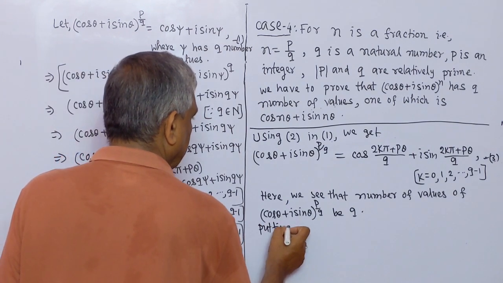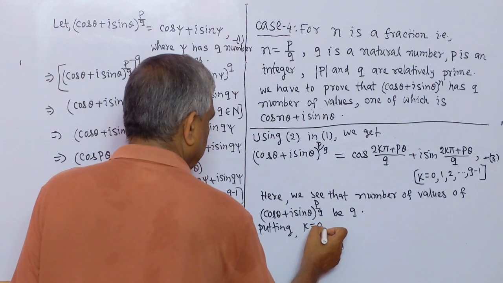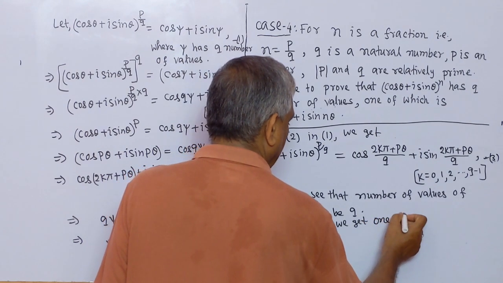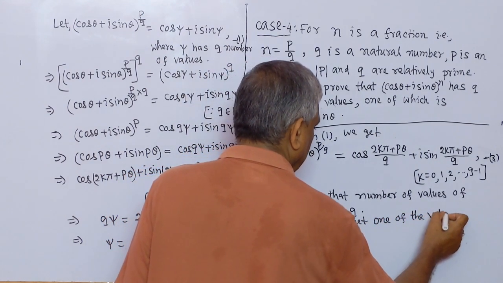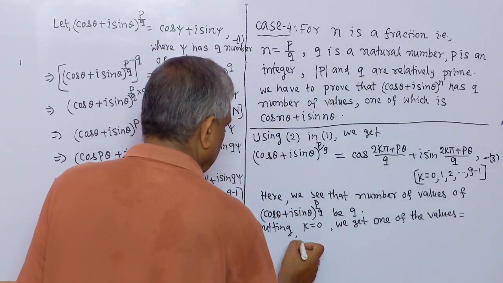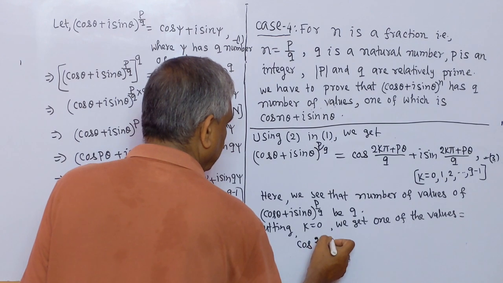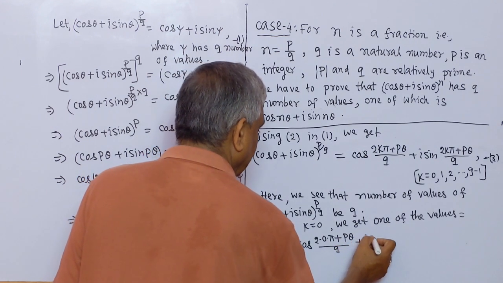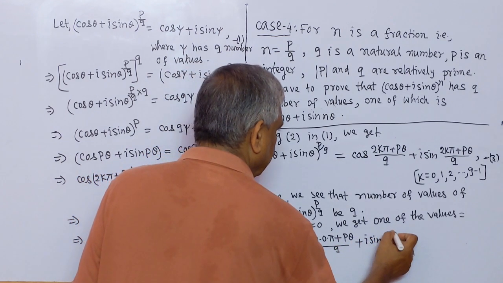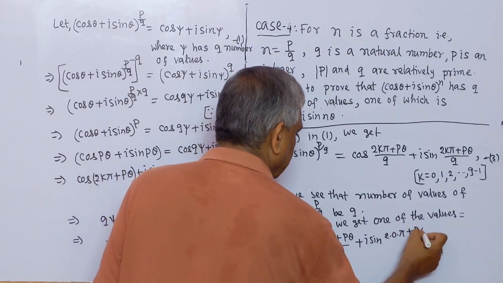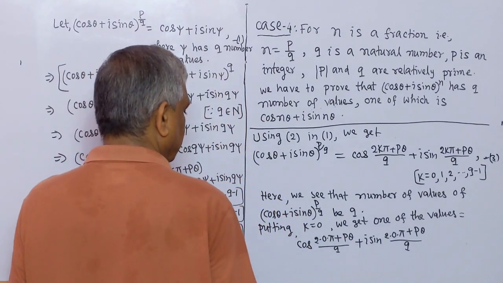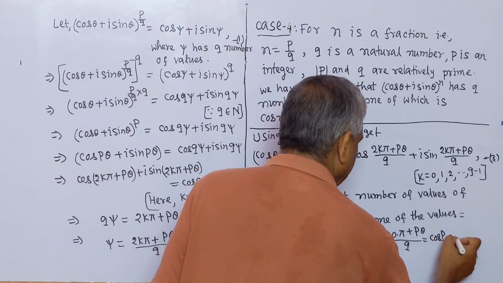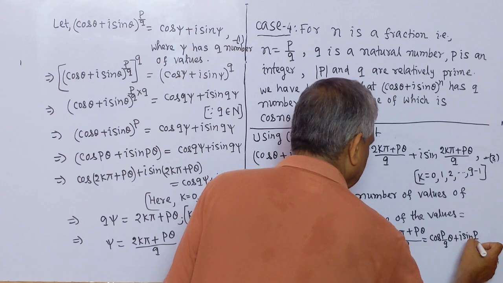Putting k equal to 0, we get one of the values equal to cos of (2 multiplied by 0 multiplied by pi plus p theta) by q plus i sin of (2 multiplied by 0 multiplied by pi plus p theta) by q, which is cos (p by q) theta plus i sin (p by q) theta.